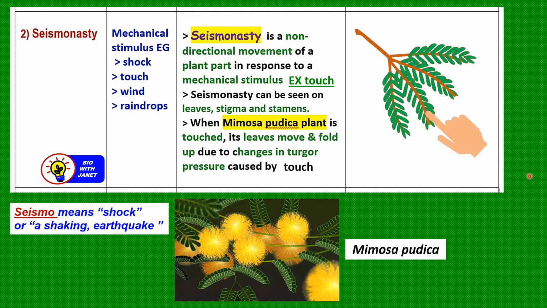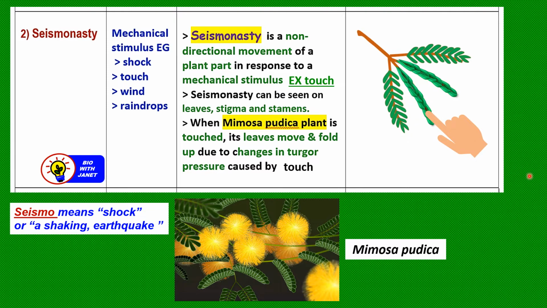Now when you touch the leaves of the Mimosa pudica plant, that is a type of stimulus already. Then Seismo-nasty will occur, whereby the leaves will fold up together, like close up, like this.